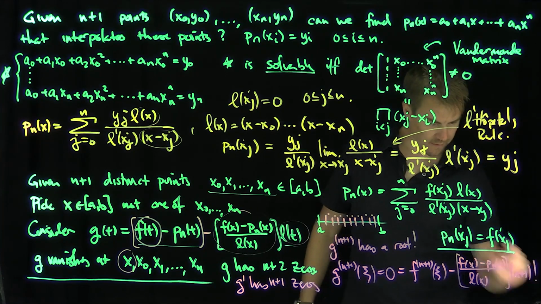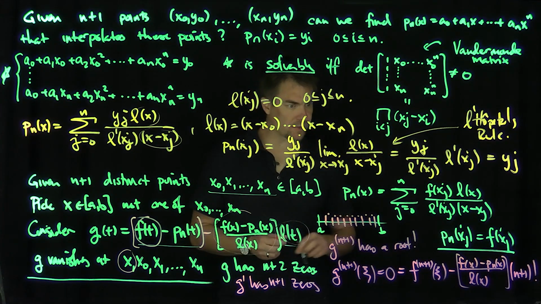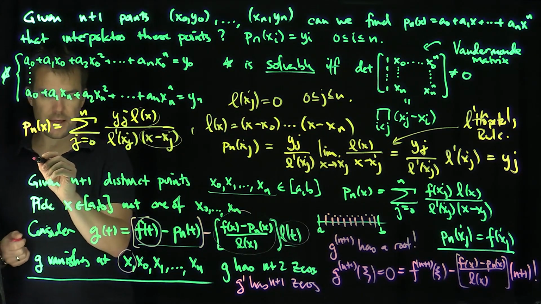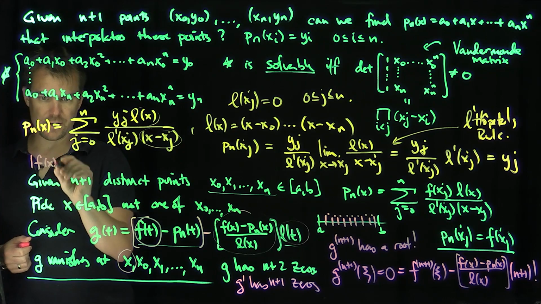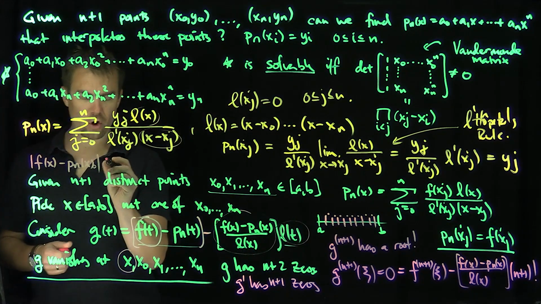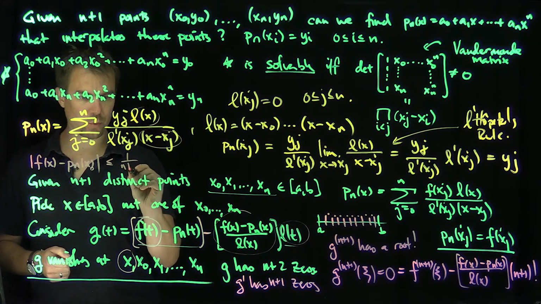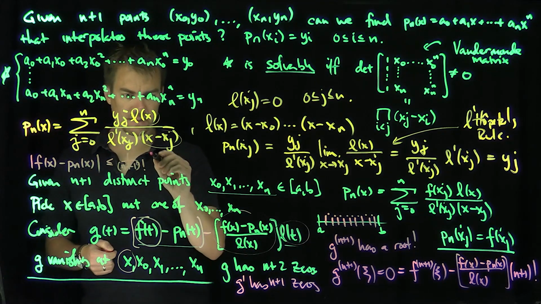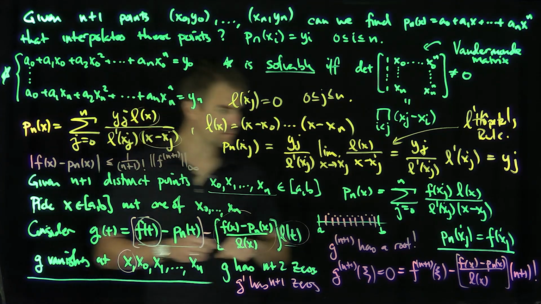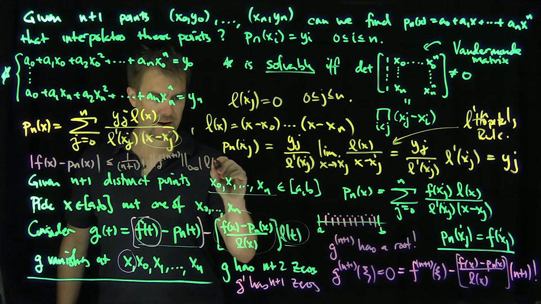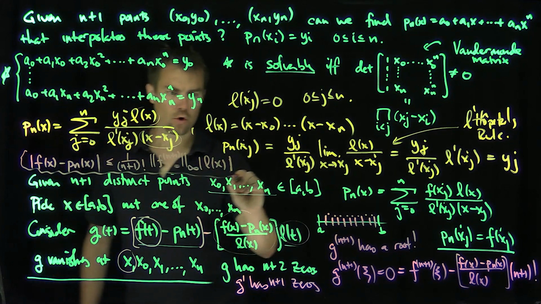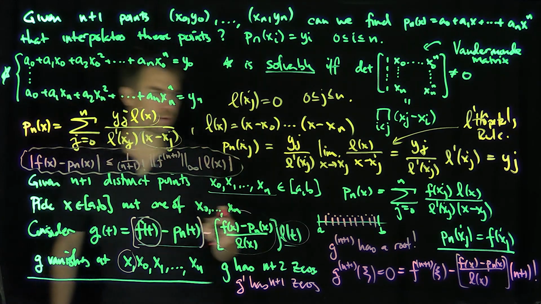What this allows me to conclude is that the absolute difference between f of x, the continuous function, and this polynomial interpolant of it will be no more than 1 over n plus 1 factorial, the maximum of the n plus 1 derivative in L infinity, times the absolute value of L of x. So we now have this inequality over here.